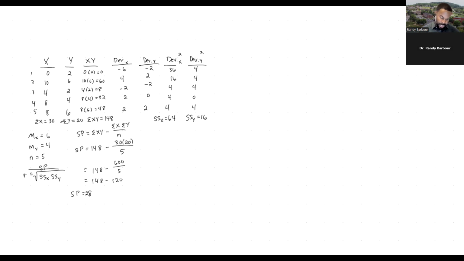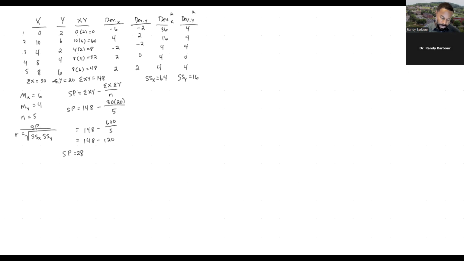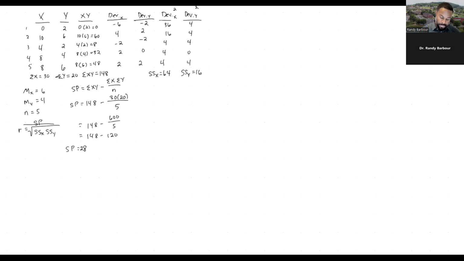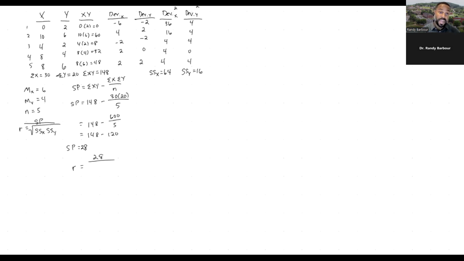All right. Now I've got everything I need. For my r, I've got 28 in my numerator. That's the covariability of X and Y. Then I have the variability of my X and my Y variable listed separately down here. So that's going to be the square root of 64 times 16.